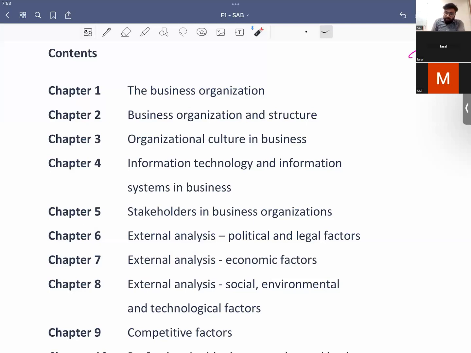In ACCA, technology is much more significant than in any other qualification. They have implemented technological chapters in every exam. Basically, I teach F5 and SBL, so there are technological aspects being tested there. ACCA wants students to be technologically updated, right? So information technology and information security systems are also chapters involved here.